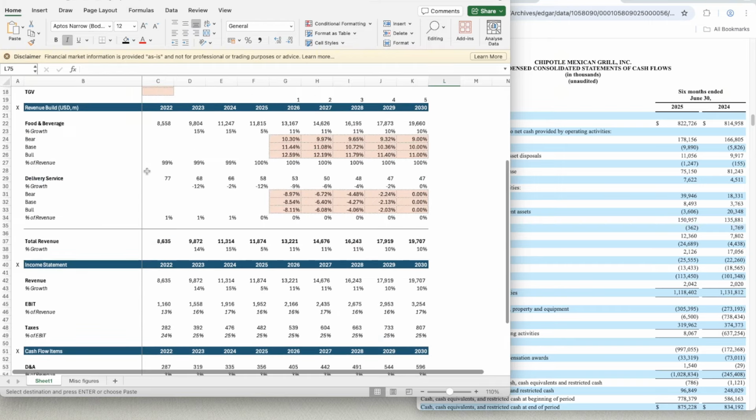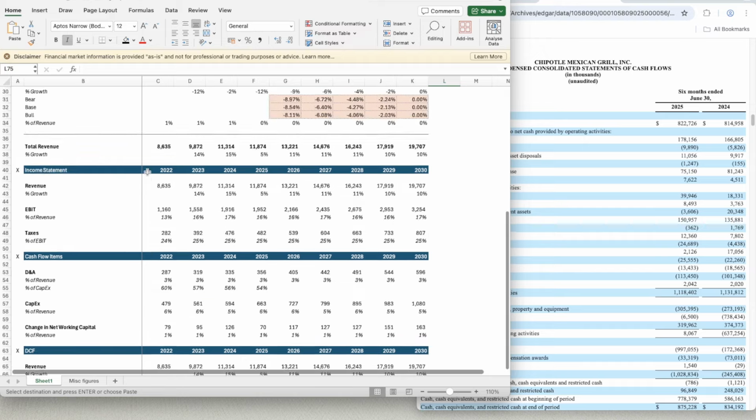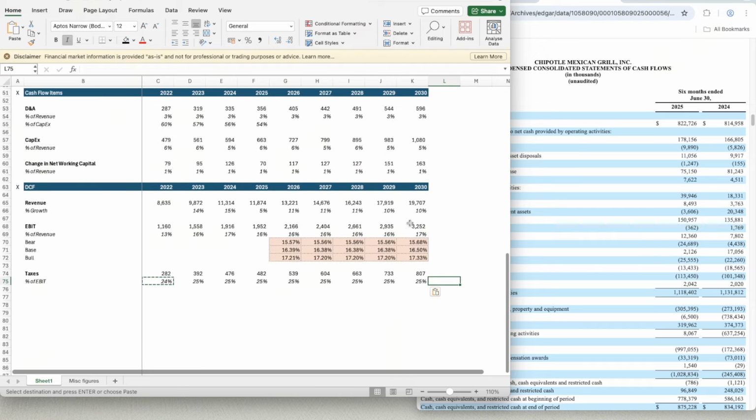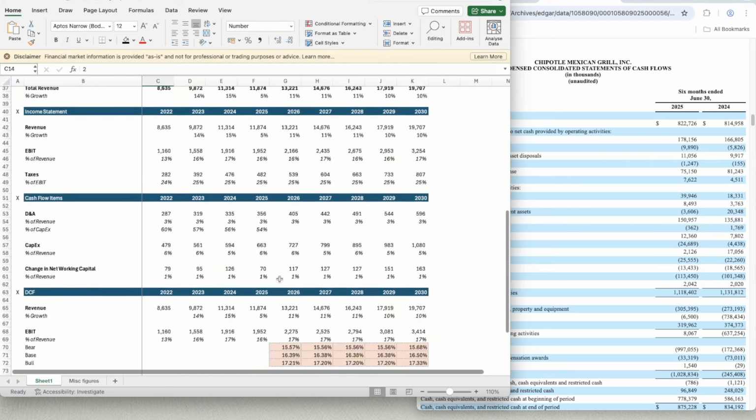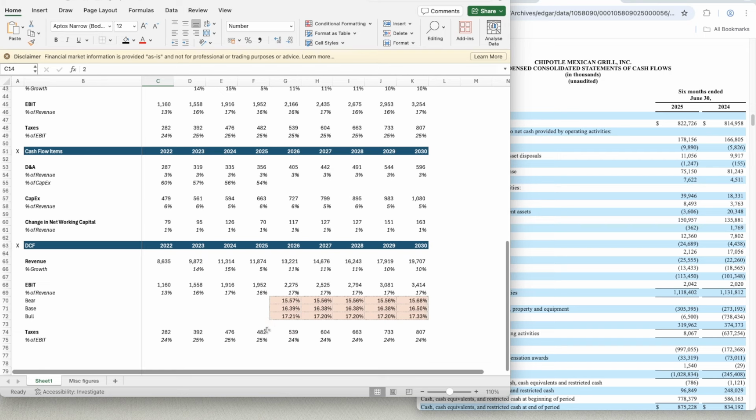If you remember this figure, this 2166, we put it into a bull. You see, it goes up to 2275, changes the tax rate as well. Actually, no. This is not right.